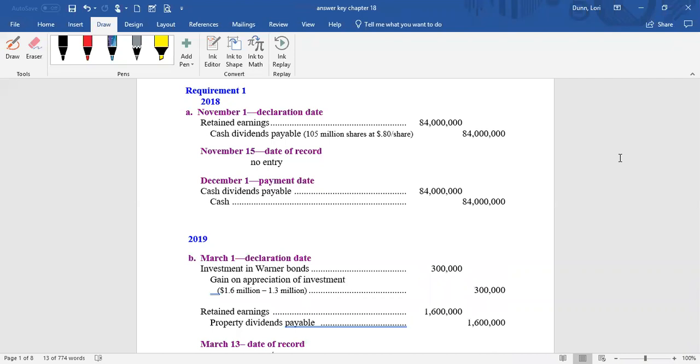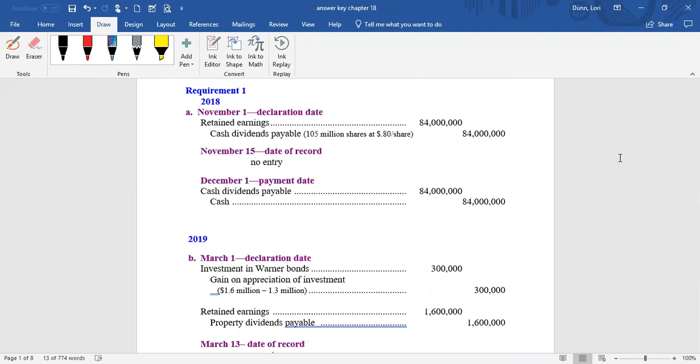So when you're giving something other than cash, another asset, such as an investment in a bond, this company's holding an asset called investment in Warner bonds, and it's saying, hey, shareholders, we're not going to send you cash, we're going to send you this bond as a dividend. Well, we first write the asset up or down to fair value. So that's why in our first journal entry, we debit investment in Warner bonds and credit gain on appreciation of investment. It's like we sold it.